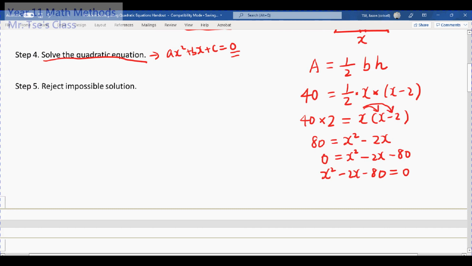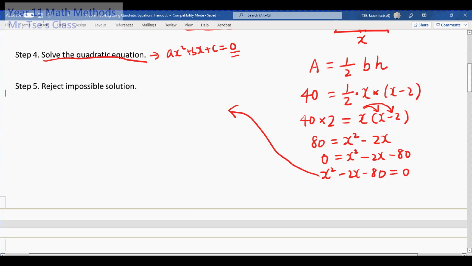Okay, so let's solve this equation. Sorry about the spacing. How can we solve x squared minus 2x minus 80 equals 0? We have many ways to solve it. We've learned to solve these kinds of equations by using factorization or the quadratic formula.